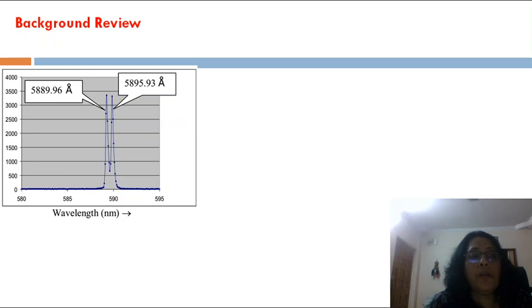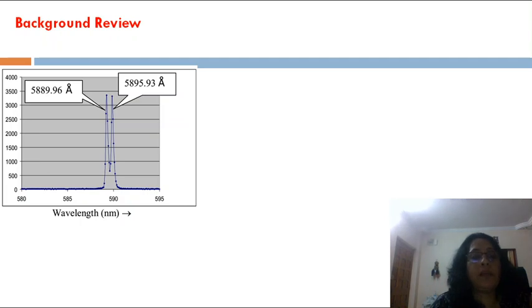So for the background review, I will show you one figure. This is the graphical correlation between wavelength and count, the emission spectra of one particular system. Here you can easily see that there is a splitting of a spectral line.